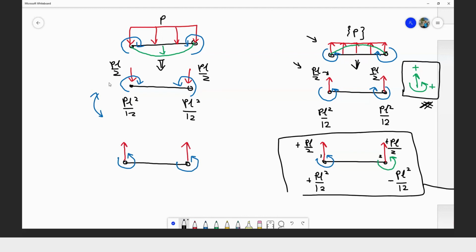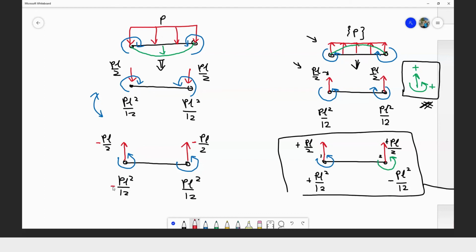Then from there we found that the equivalent force is still the same in terms of its magnitude. But now in terms of direction it is opposite, so we give it a negative. Physically it is in the clockwise direction, but we have to make it the same as the finite element.